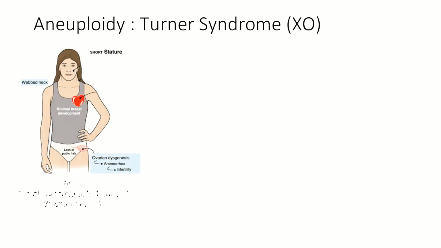Another condition that arises from aneuploidy is Turner syndrome. A Turner syndrome individual must be a female, but unlike a normal female which carries 2 X chromosomes, a Turner syndrome female only carries 1 X chromosome. So in total, this individual only has 45 chromosomes.